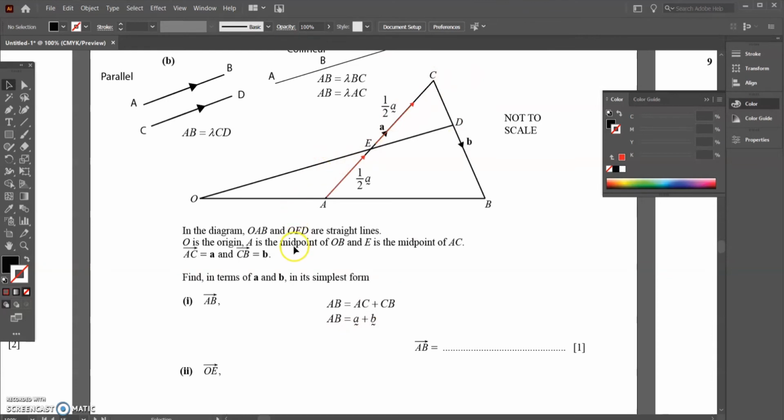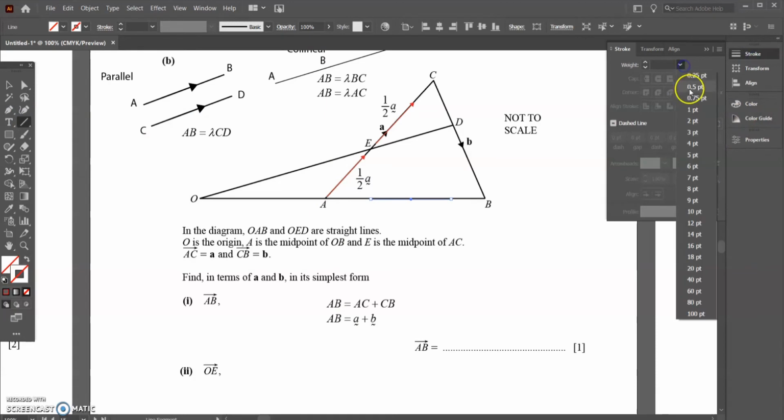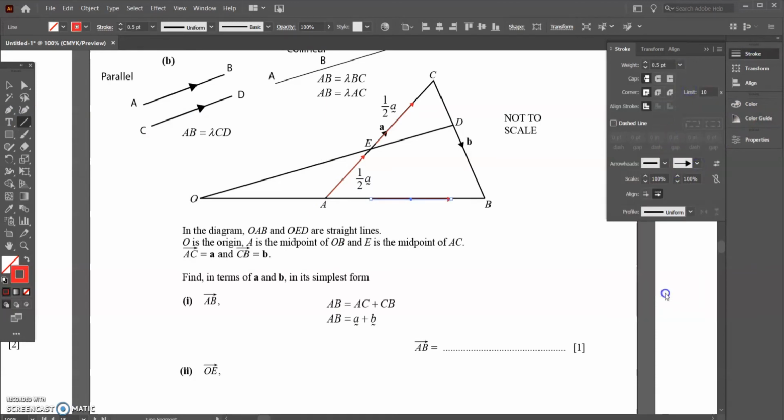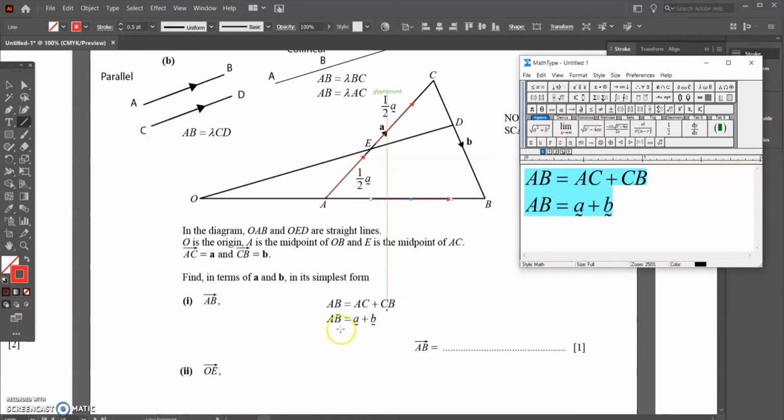The question already says that OE is just the position vector of E, from O to E. And the question already says that A is the midpoint of OB. So from the first question, you know that AB is actually a plus b.